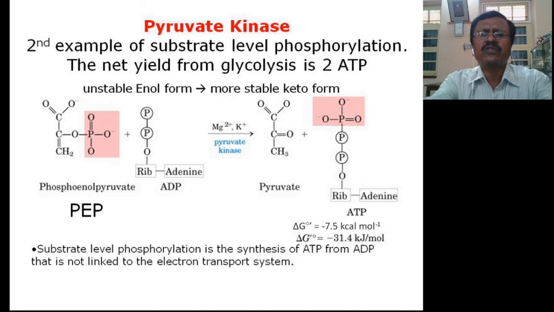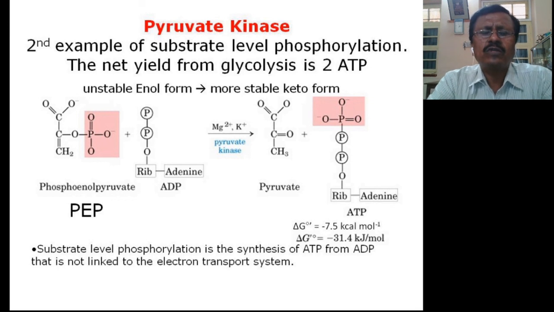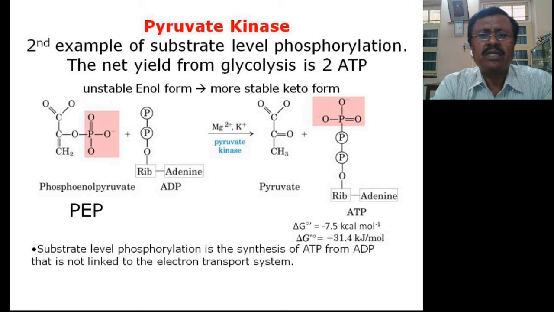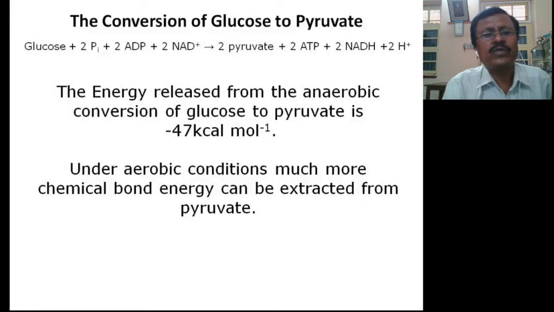Thus, by a sequence of 10 reactions, 1 mole of glucose will be converted into 2 moles of pyruvate, during which there is a net yield of 2 ATPs and 2 NADH. The overall reaction of glycolysis is given here: glucose plus 2 moles of ADP plus 2 moles of NAD plus, giving 2 moles of pyruvate, 2 moles of ATP and 2 moles of NADH.